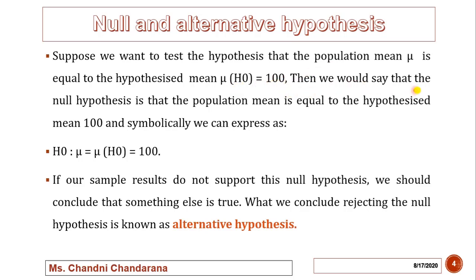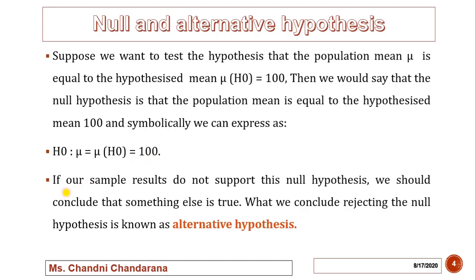Then we would say that the null hypothesis is that the population mean is equal to the hypothesized mean 100. Symbolically we can express the null hypothesis as mu equal to mu H0, meaning the population mean is equal to the hypothesized population mean, that is 100.